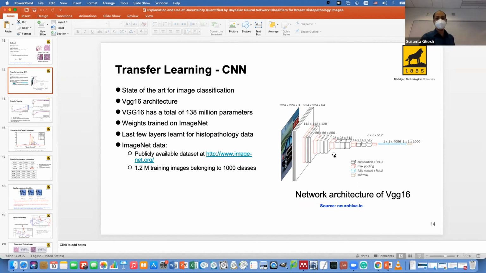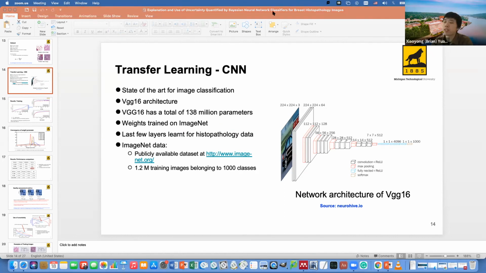Any other questions for me or Brian? Susanta, I have a follow-up question for you. How do you compare the Bayesian neural network with ensemble learning? Because it seems like you are trying to learn a set of neural networks in the Bayesian neural network.